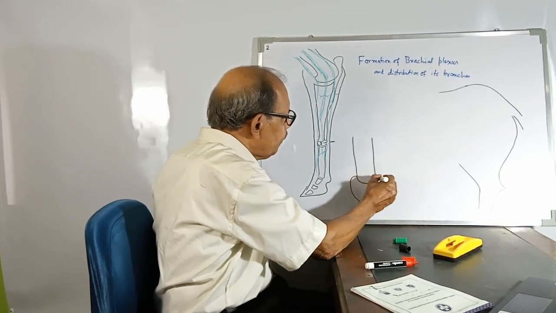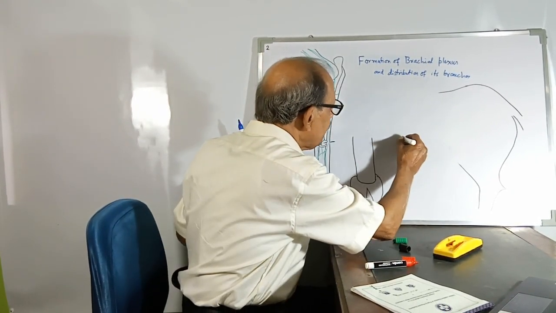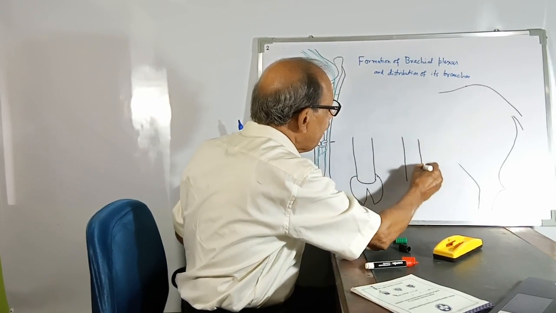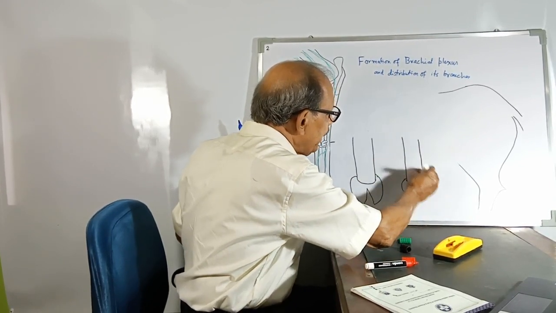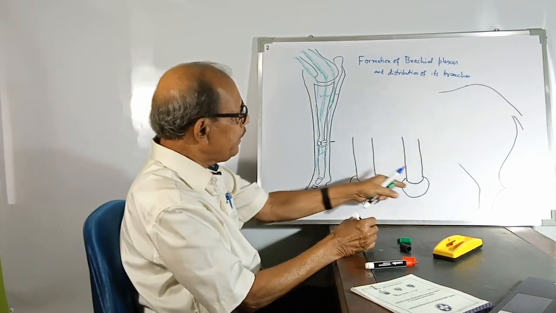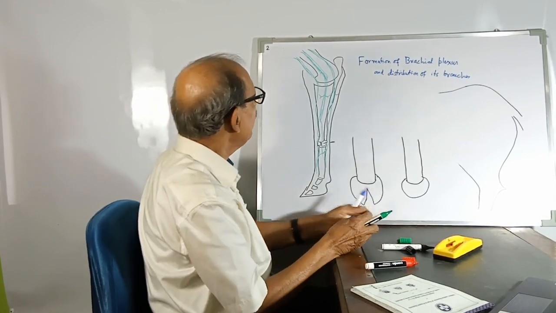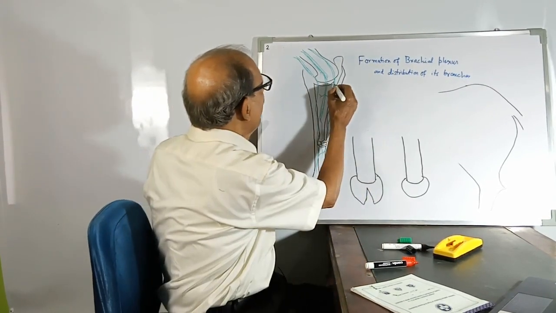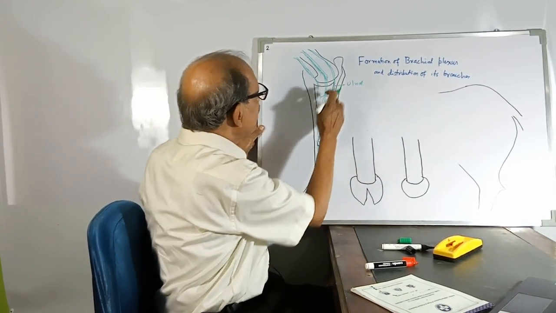These are the hooves and posterior aspect of the limb. This is the back side, heel side. This is front side and this is the back side of the leg. The ulnar nerve, this is the ulnar. It is divided into two.